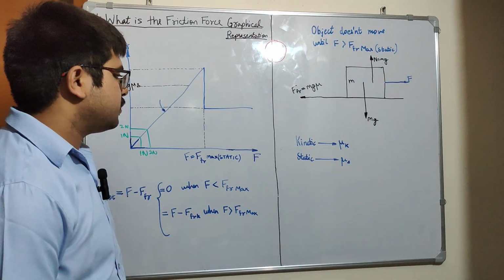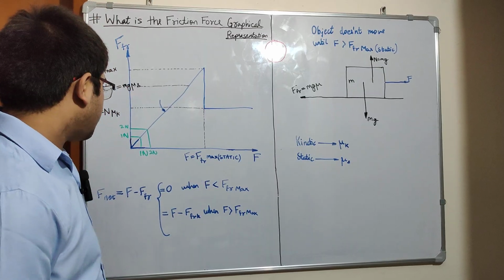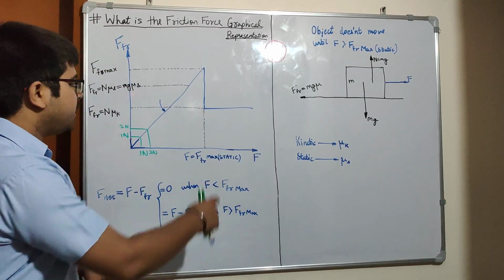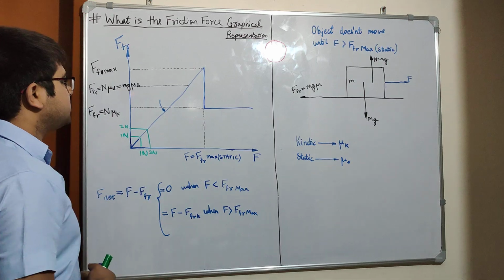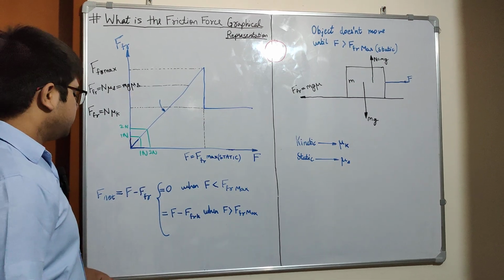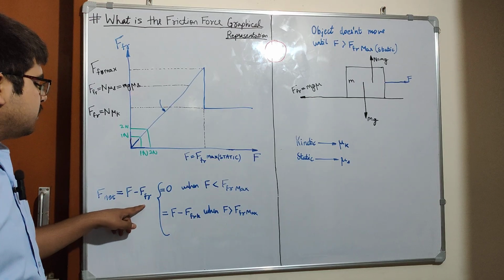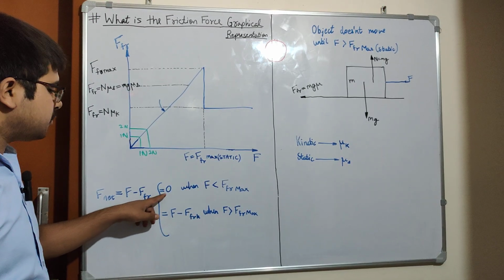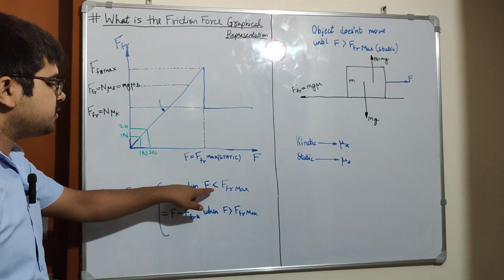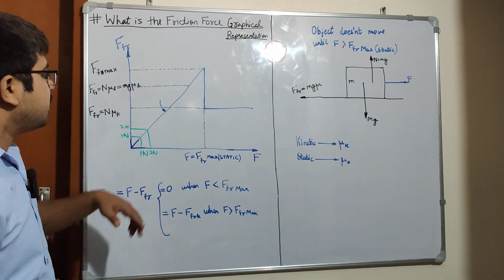Those are the two coefficients. From this graph, if we calculate the F net, it will be equal to F minus Fr, that is the friction force. It will be equal to 0 when F is smaller than Fr max.